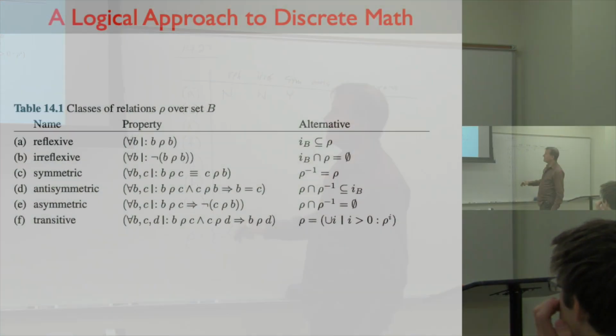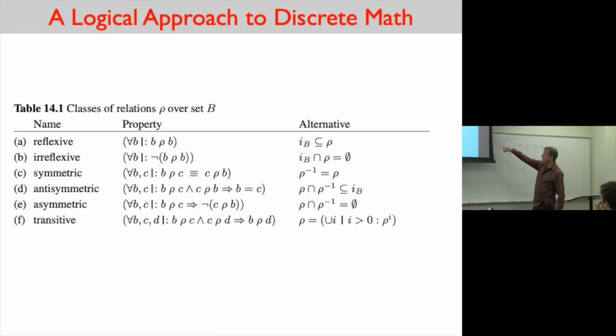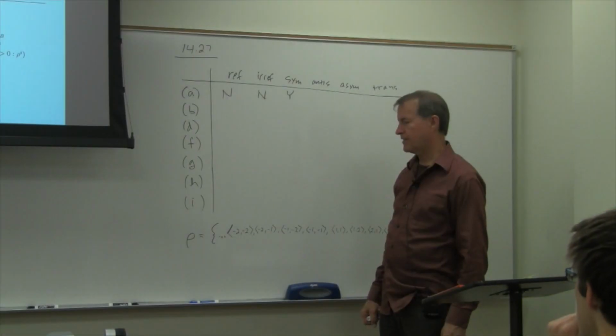And then how about antisymmetric? What does that say? If you have b rho c and c rho b, then b equals c. Is it antisymmetric? No. Why not? Because of (-2, -1) and (-1, -2), or (1, 2) and (2, 1).